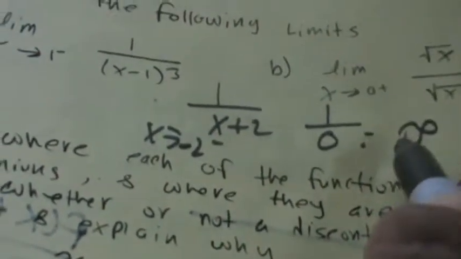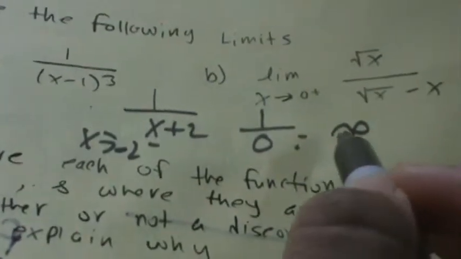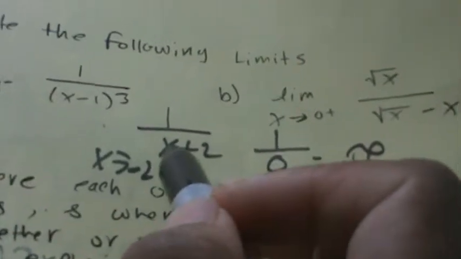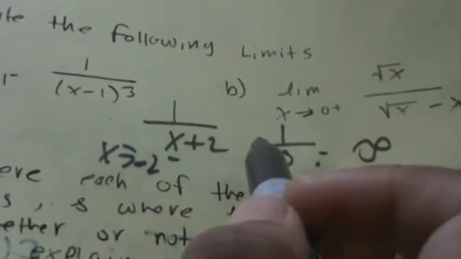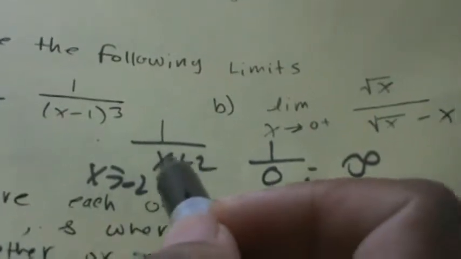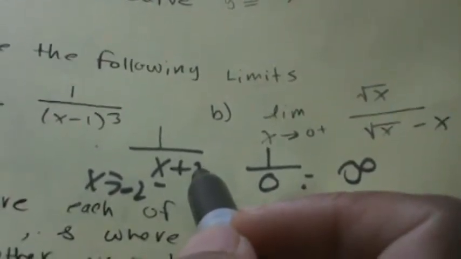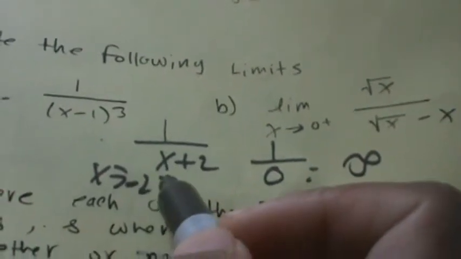The question is positive infinity or negative infinity? The way you figure that out is the fact that it's really not at -2, but approaching -2. So it's just slightly less than -2. So -2 from the left.